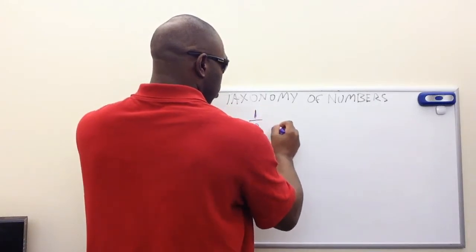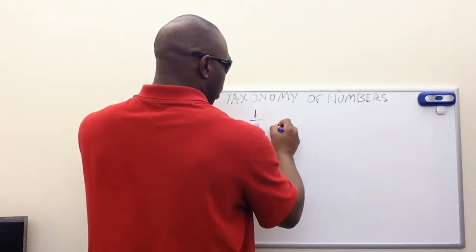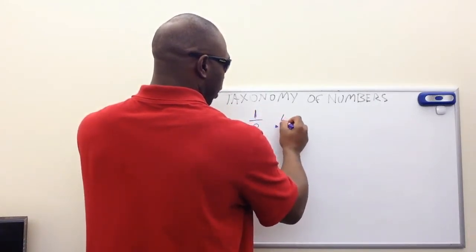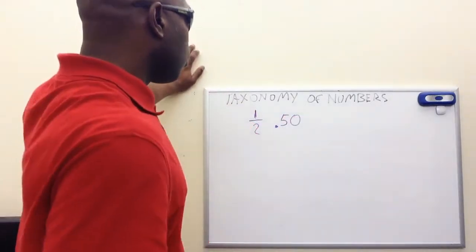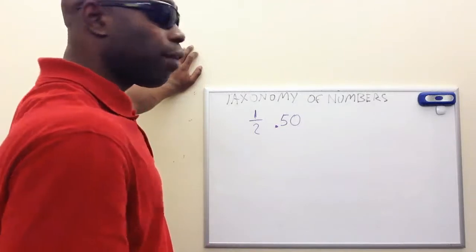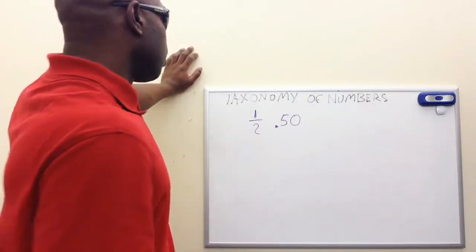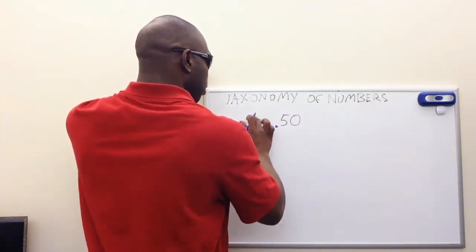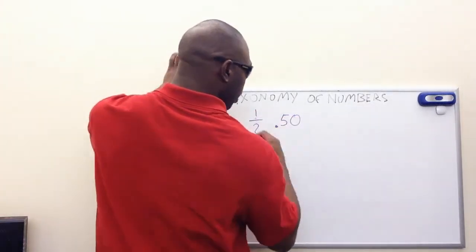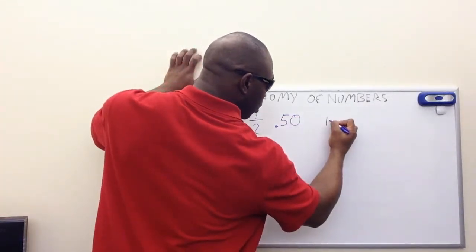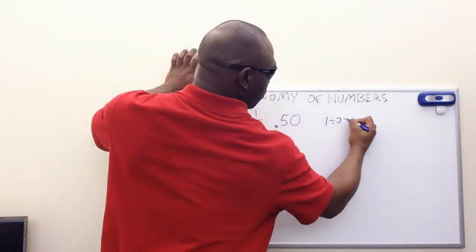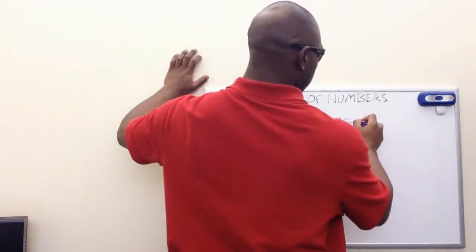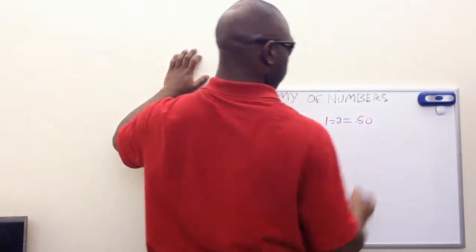This fraction, because of my experience with math, I know it is equal to 1/2, which is equal to half of 100. So it's half of this 1. So you would divide this 1 by half. You would divide 1 divided by 2, which would give you 0.5.